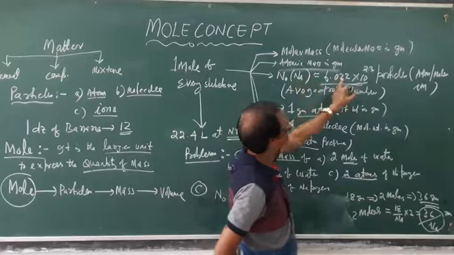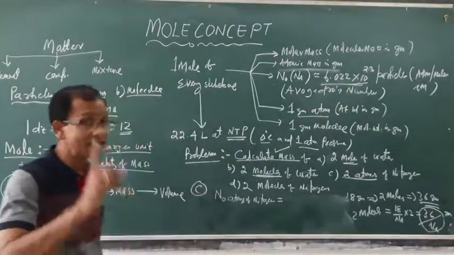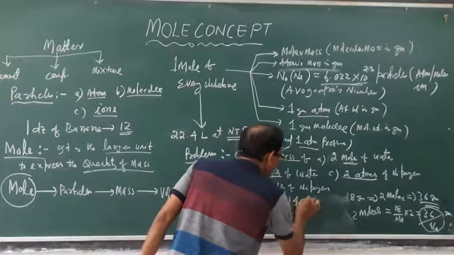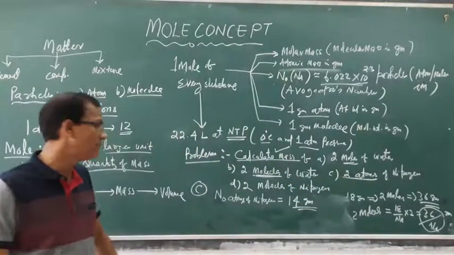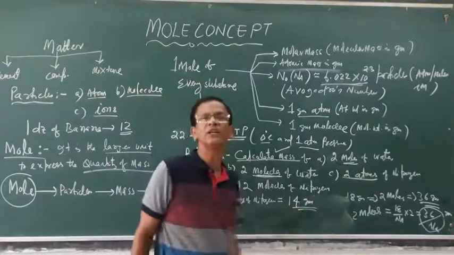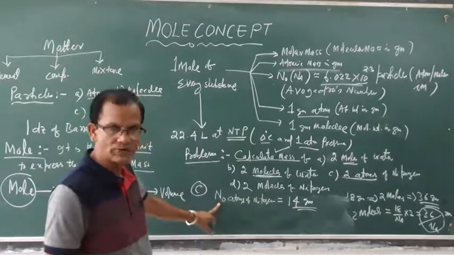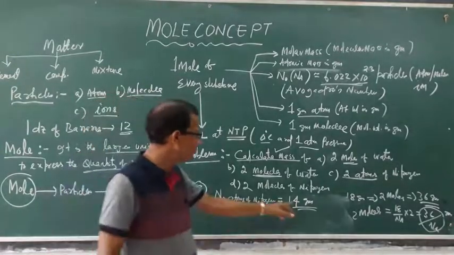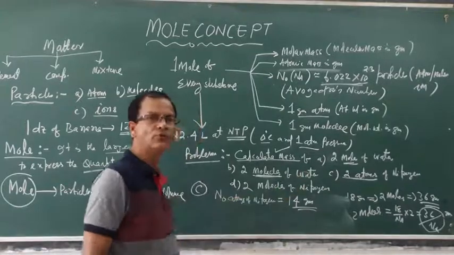N0, this much number of atoms of nitrogen, equal to nitrogen means N. N atomic mass is how much? 14 gram. Already you have read atomic mass and molecular mass of elements. So N0 atoms of nitrogen equal to 14 gram. As per the formula, this is Avogadro's number. Avogadro's number of a substance in atomic form equals the atomic mass. So N0 atoms of nitrogen equal 14 gram.